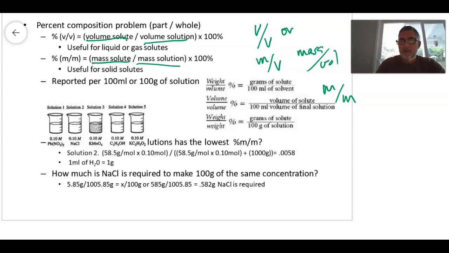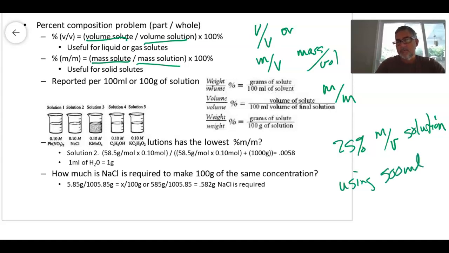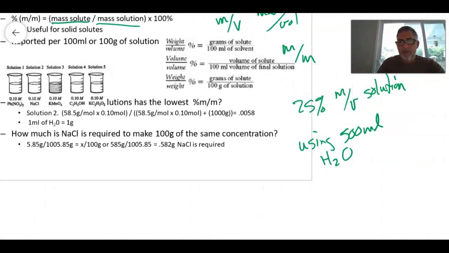So if I want to make a 25% M over V solution using 500 milliliters H2O, the way you would do a problem like this is X over 500 grams, because remember, 1 gram of water is 1 milliliter, is equal to 0.25.